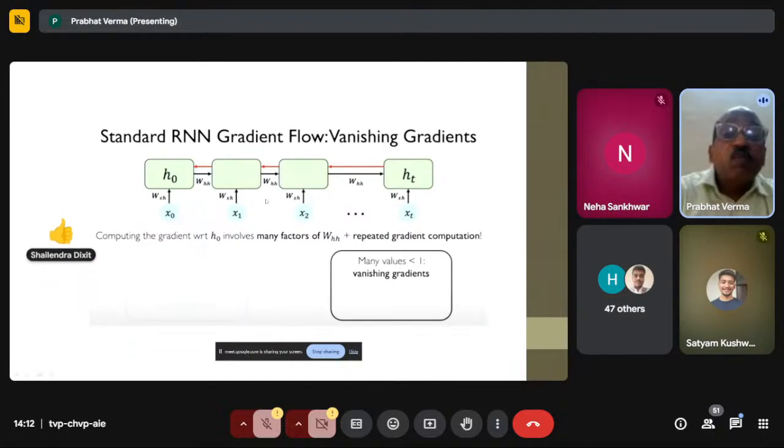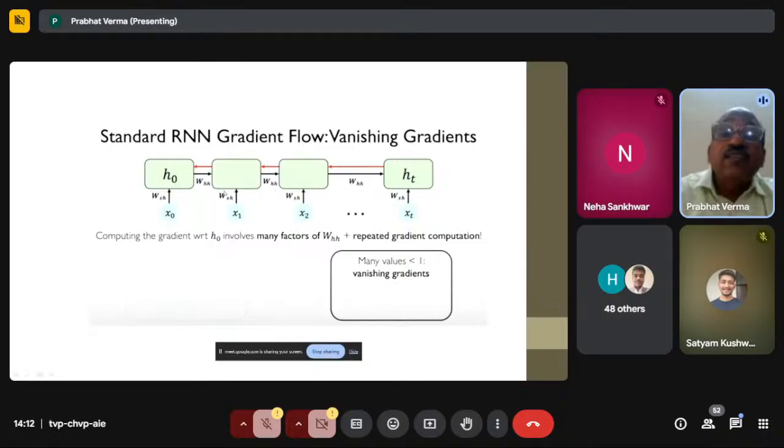And the second problem is when these values are less than 1, then multiplying the various parameters of the loss function, it would be further reduced. So computing the gradient with respect to S0 involves many factors of WHH plus repeated gradient computation. By this repeated gradient computation, if the values are less than 1, then it will be further reduced, because if you multiply fractional numbers, it will be even lesser.